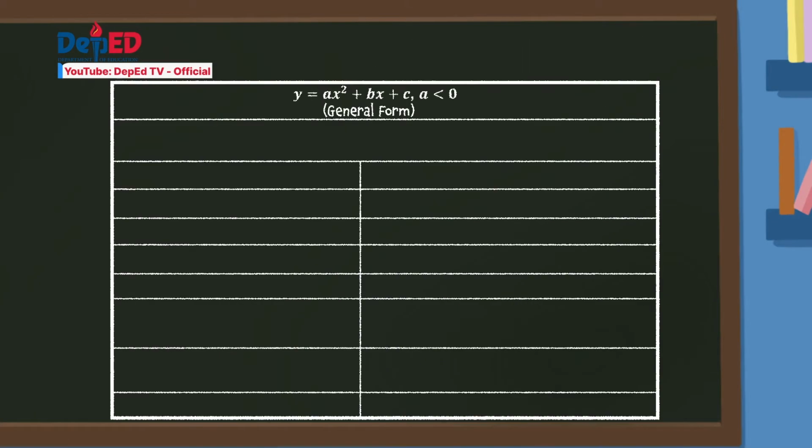As a summary, let's see this table. Given a quadratic function written in general form, it can be rewritten in standard or vertex form. And if a is less than 0, the following are the characteristics of the function and its graph. First, the direction of opening of the parabola is downward.